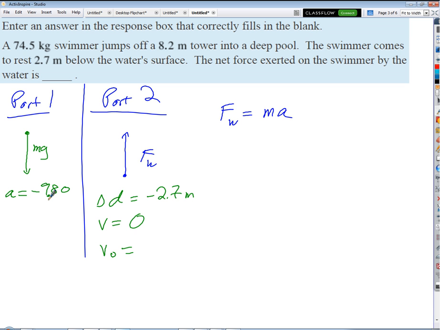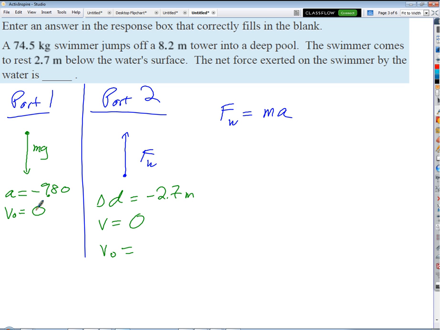What else do we know? Initial velocity, 0. Initial position is 8.2, final position is 0. So we could even make that a displacement, right? Displacement is always final position minus initial position.